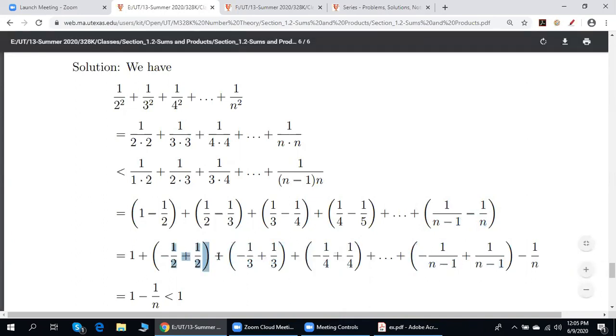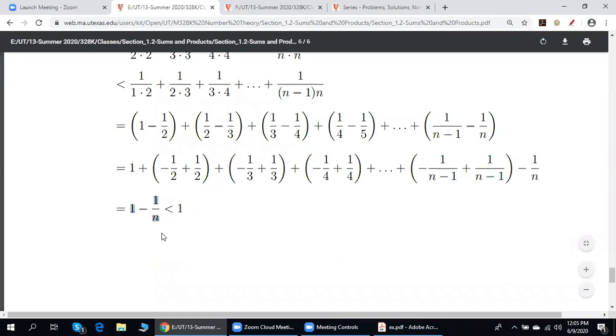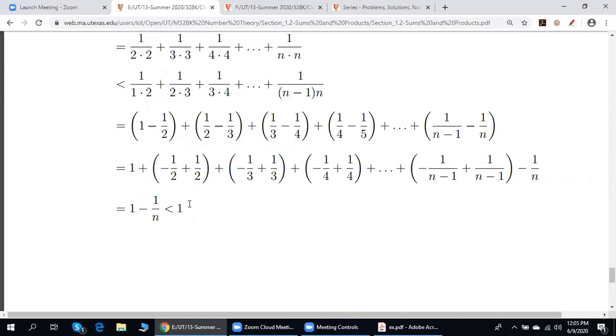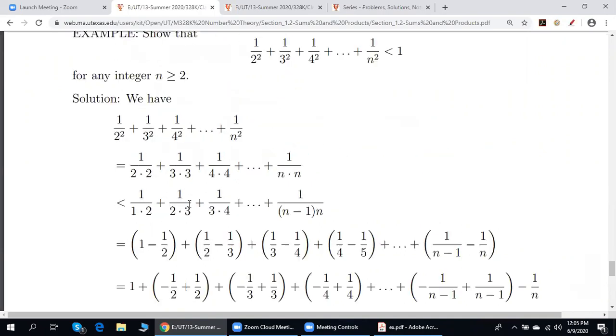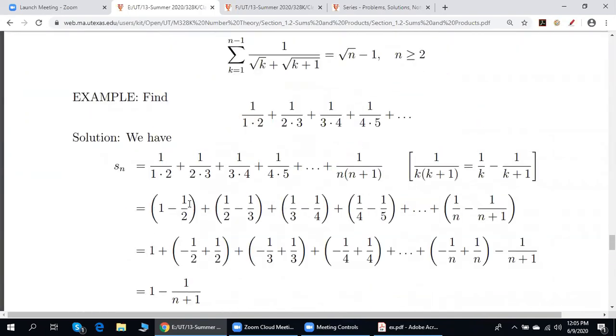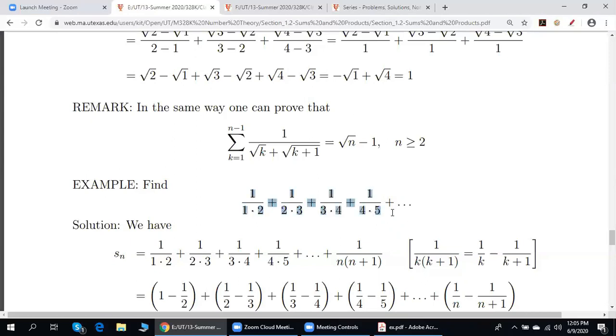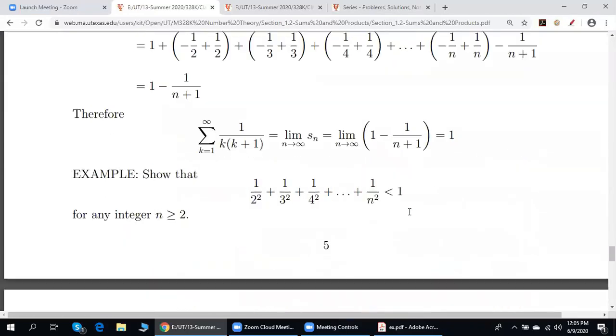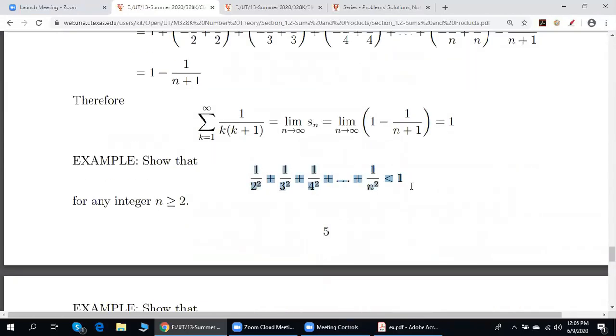We cancel out, we get rid of the 0 terms, done. Obviously, what is written here is less than 1, and the problem is solved. But once again, this problem is exceptionally difficult. If you don't know this idea, it's super hard to prove this inequality.